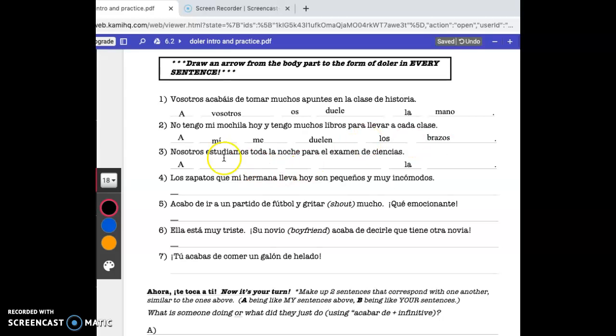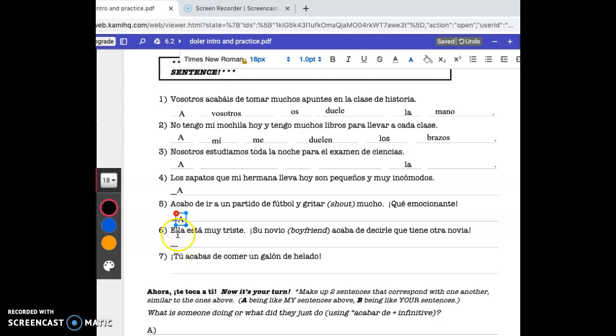So give a try for all the rest. We studied a lot last night, so our head hurts us. The shoes she's wearing are too small, so her shoes hurt her. So remember, there's always the a plus a person. So every sentence will start with a.